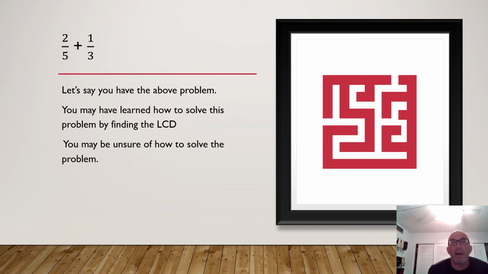Okay, so let's say we have 2/5 and 1/3, right? And you may have learned how to solve this problem by finding the LCD. You may be unsure of how to solve the problem. And instead of the software going over the problem the way you've learned it, or explaining how to do the problem, you often get something like this.